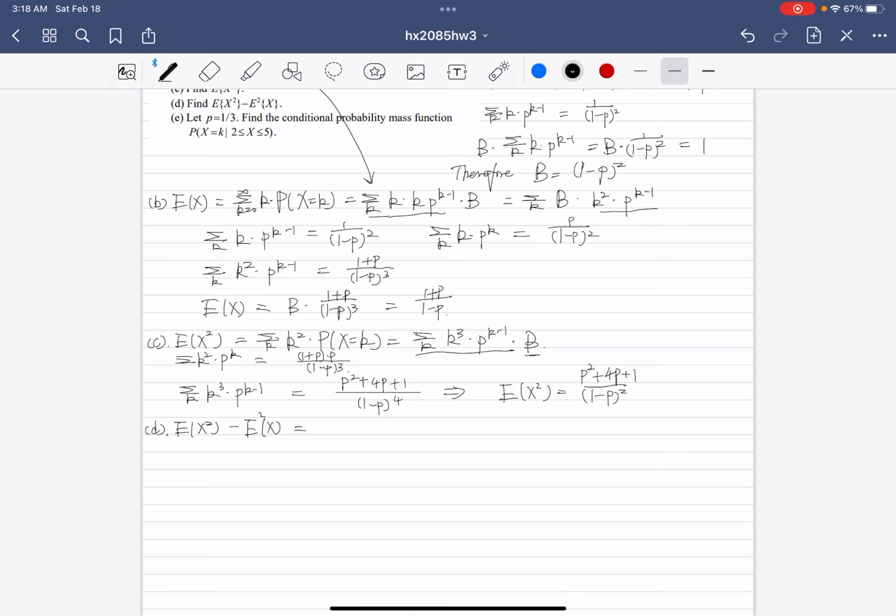We can easily calculate this part minus the mean of x, which is this, then squared. After calculating, we get 2 times p over 1 minus p squared as a result.